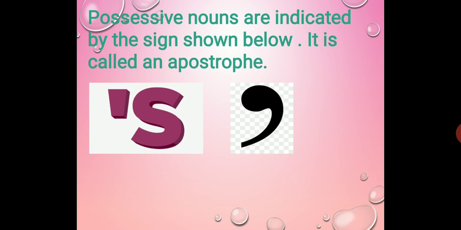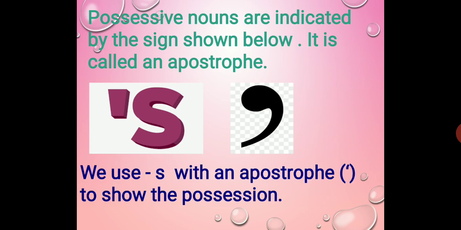We use an apostrophe and S to show the possession of animals, persons, things, etc. We use S with an apostrophe to show the possession.